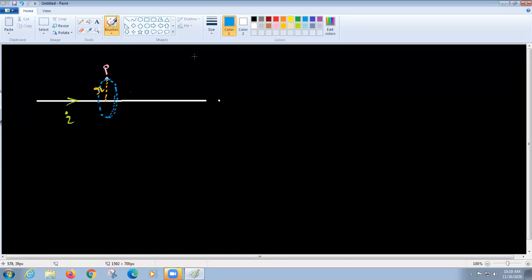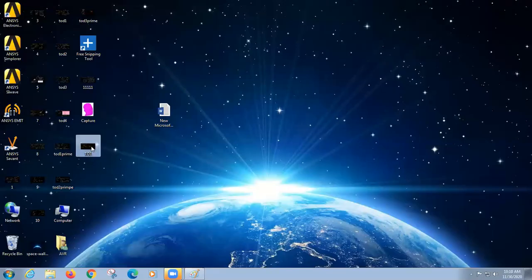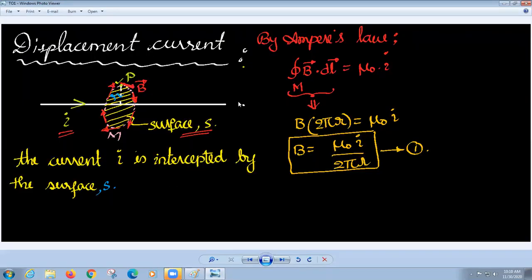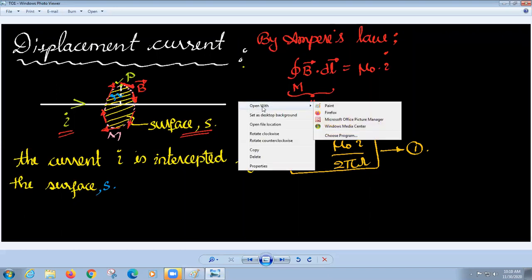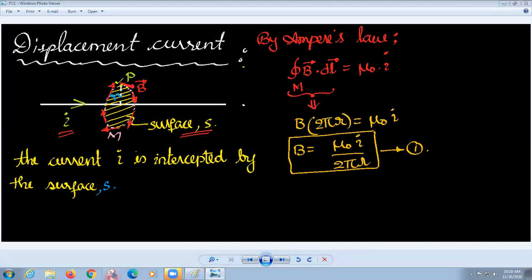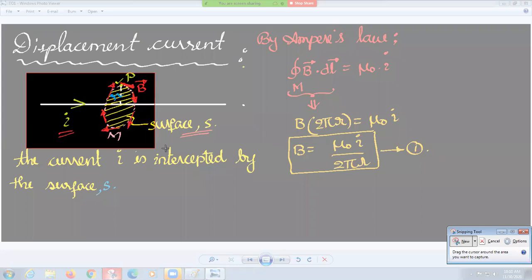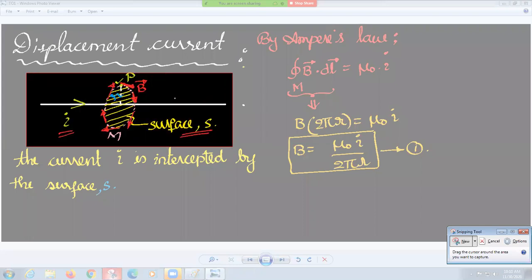Now what we did in our initial case, we will go to that figure. We will see that figure once. You're seeing a figure here, right? Now from this, let me cut this figure out.